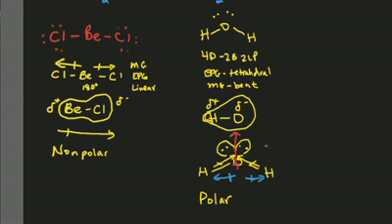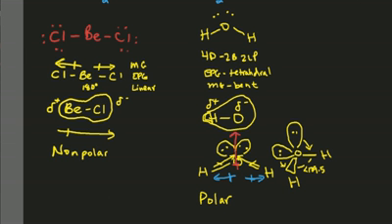If you were to draw it three-dimensionally, where this bond angle is less than 109.5, I believe it's 104.5, these lone pair electrons push the bonding electrons closer to each other.